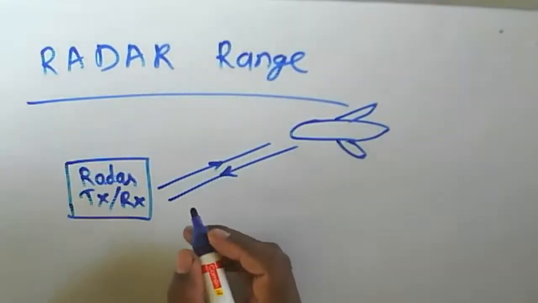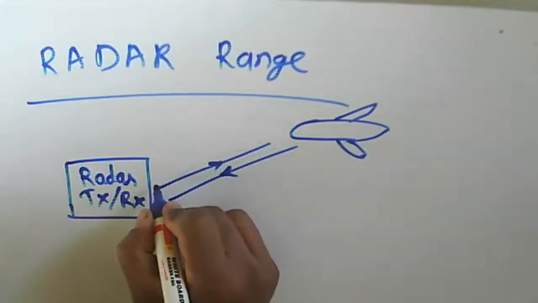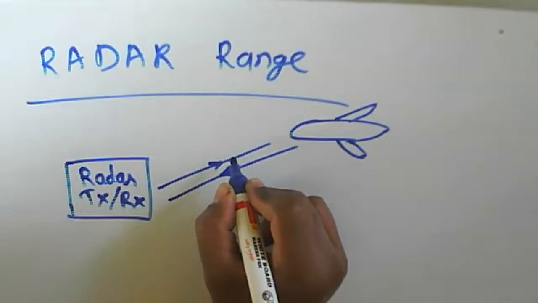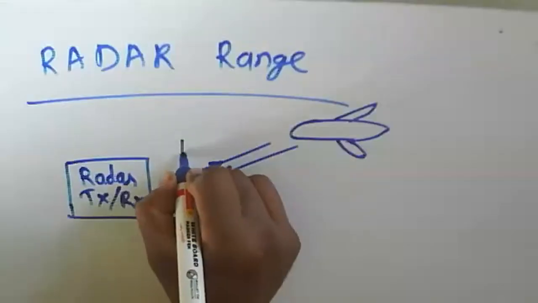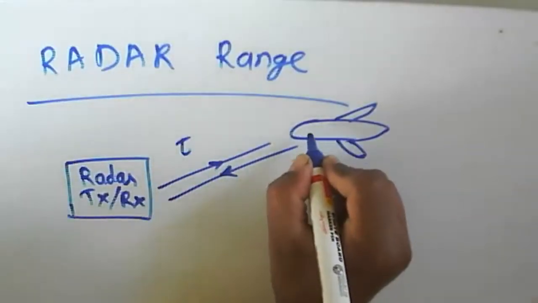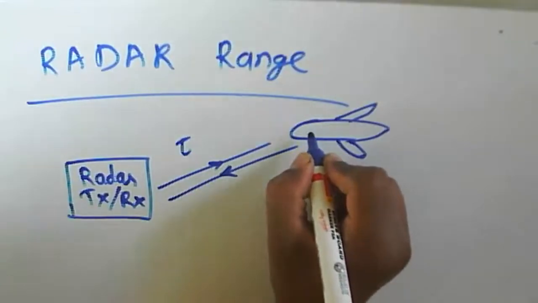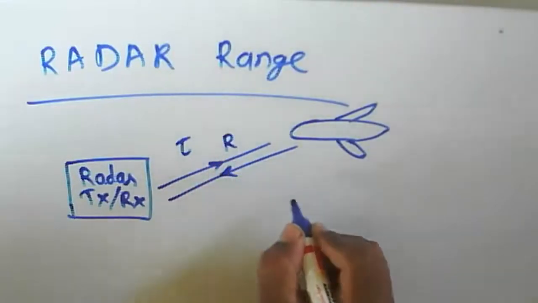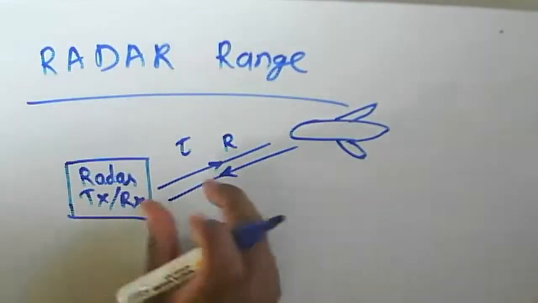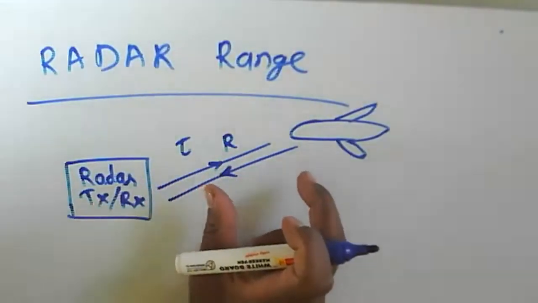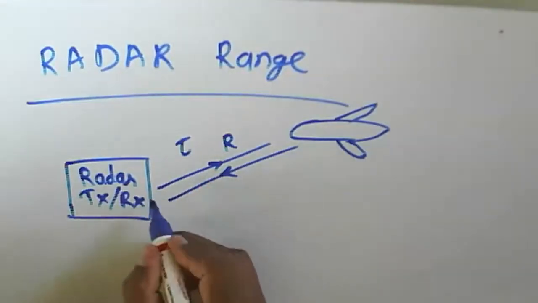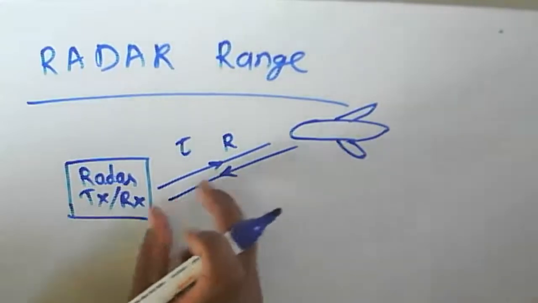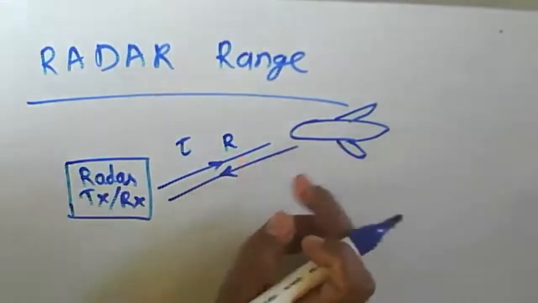We transmit the pulse from this device. How much time will be required for transmitting the pulse to this particular object? That object is at some particular distance, which we say is R. R is the distance from the radar to the object we have.